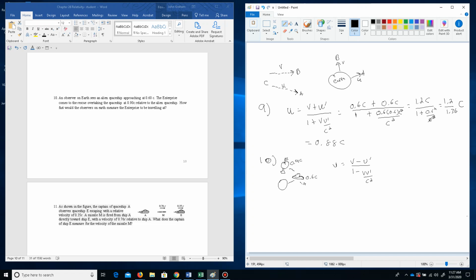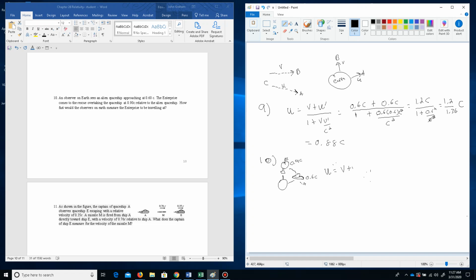This helps if I read. This was relative to the alien spaceship. So we want to know what this Enterprise is from the Earth. Okay, so I could have just turned that into plus signs.